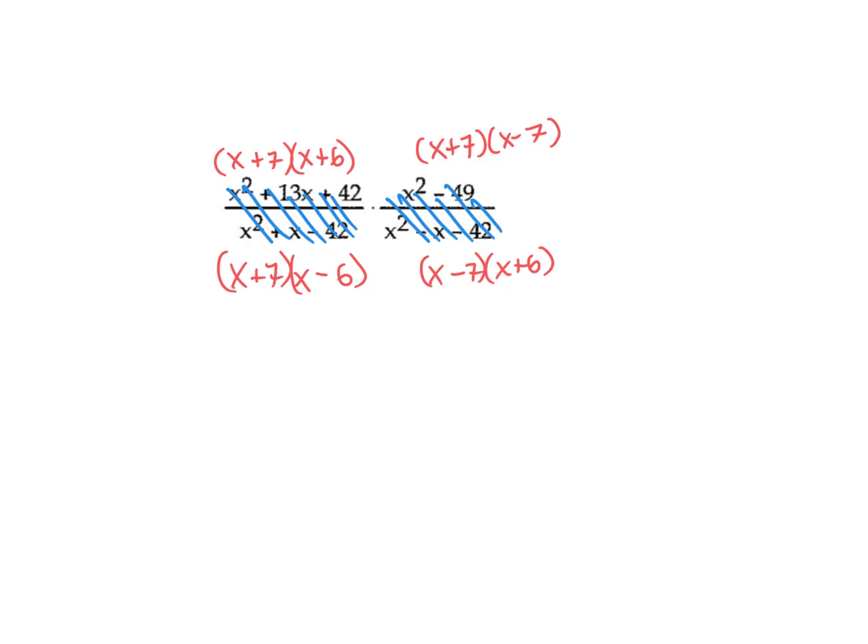Can I do any cancellations between the top and the bottom? And by the way, I'm also taking into account these diagonal relationships. Well, clearly this x plus 7 cancels with that x plus 7. This x plus 6 cancels with that x plus 6. And this blue x minus 7 cancels with that blue x minus 7. So what does that leave? That leaves an x plus 7 over an x minus 6. So this becomes just x plus 7 over x minus 6. Hopefully that makes sense. That is actually the answer to that one.